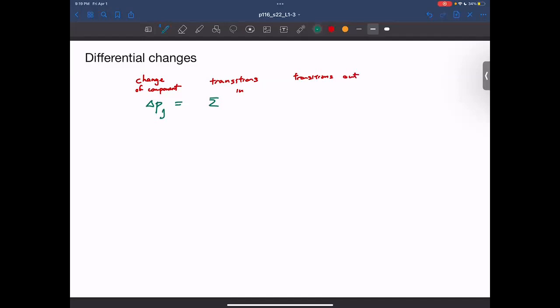Our transitions in will be all of the things that transferred to J from the previous step, and minus all the things that were at J and wherever they went to. Okay. Now the indices for summation are going to be important to us to make sure that we keep track of everything correctly.